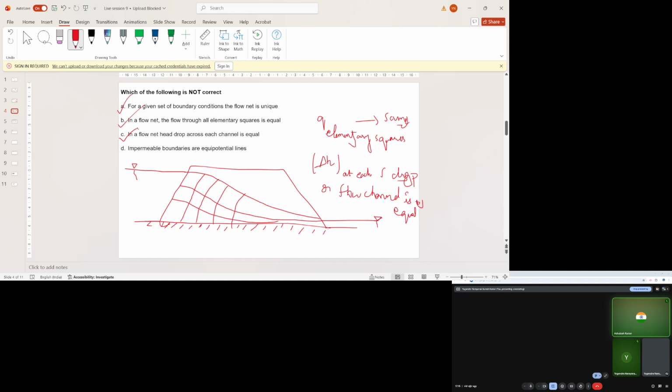Now the impermeable boundaries are equipotential line. So here the catch comes. As I mentioned, the bottom part is impermeable in this earthen dam, right? But what about the last flow line in this?